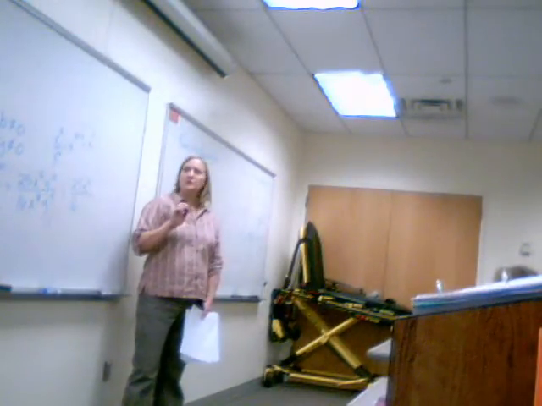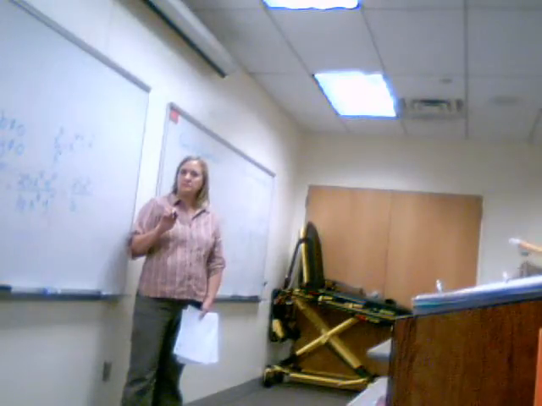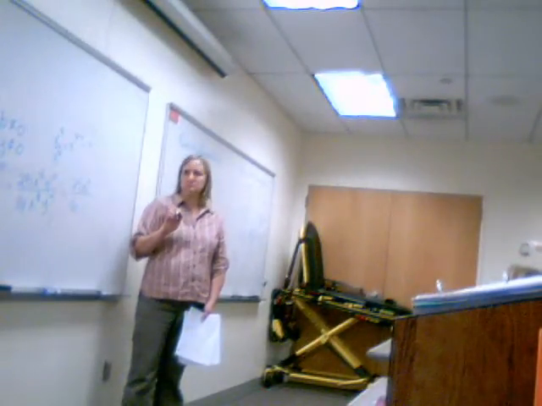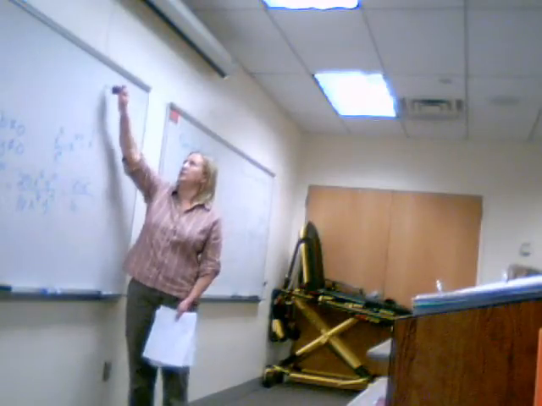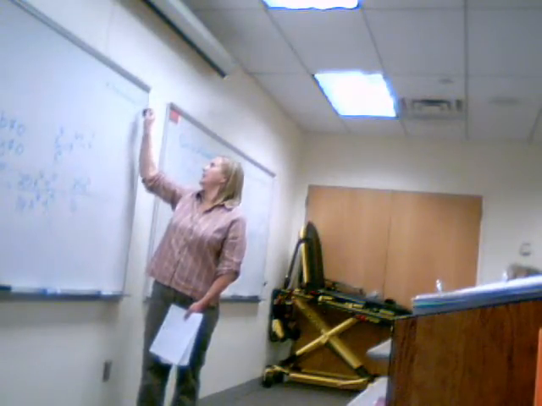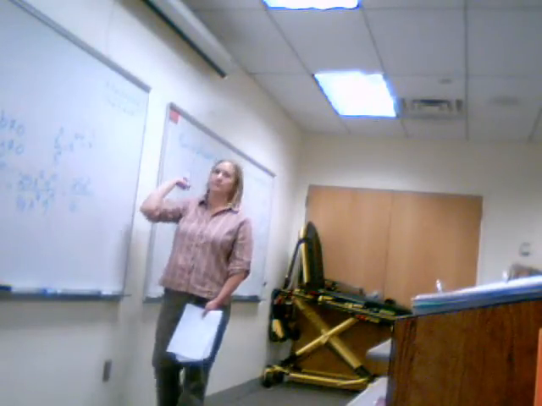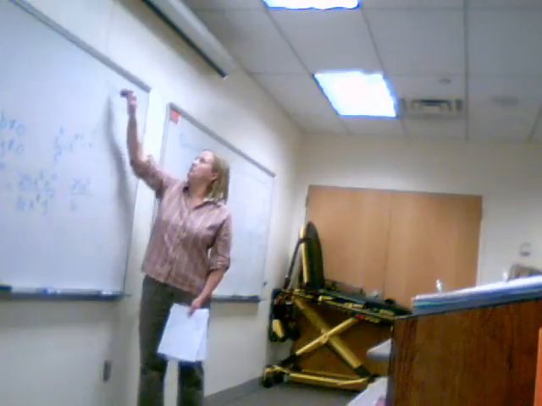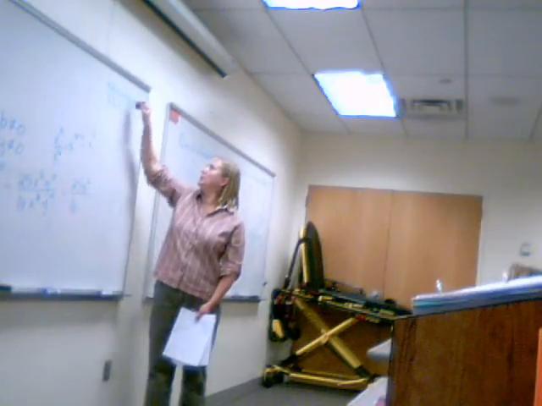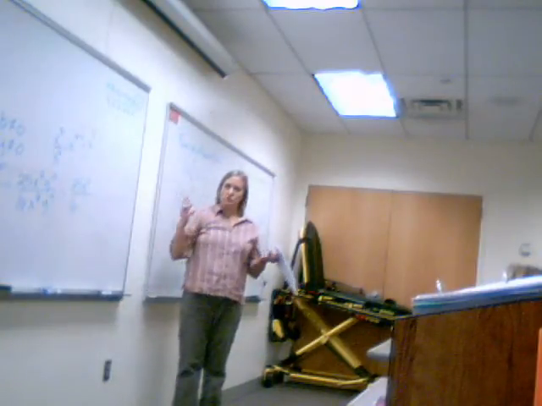If you want to look at it like this, 4, 5, 6, 7, 8. I have 8 up here and I have 6 down here. I can cancel all but 2. That's why this works. Does that make sense visually?